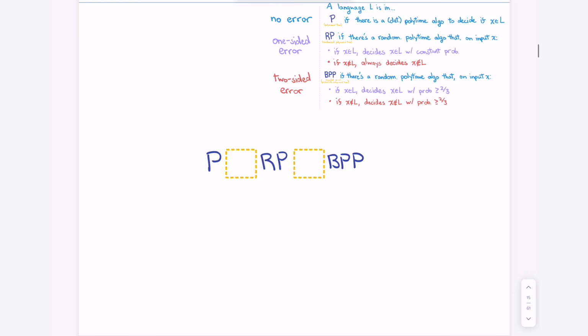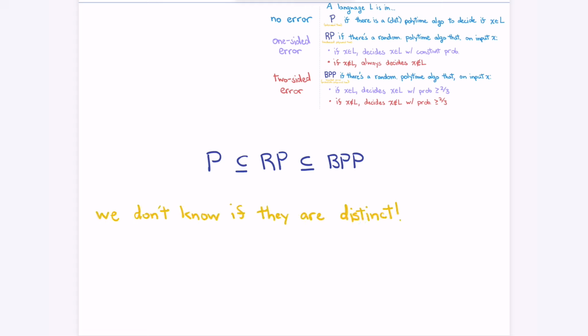So how do these languages relate to each other? If you have no error, you have one-sided error. If you have one-sided error, you have two-sided error. Now, a major question is whether these are distinct. We don't know if for every randomized algorithm, maybe with two-sided error, there's also a deterministic polynomial time algorithm.